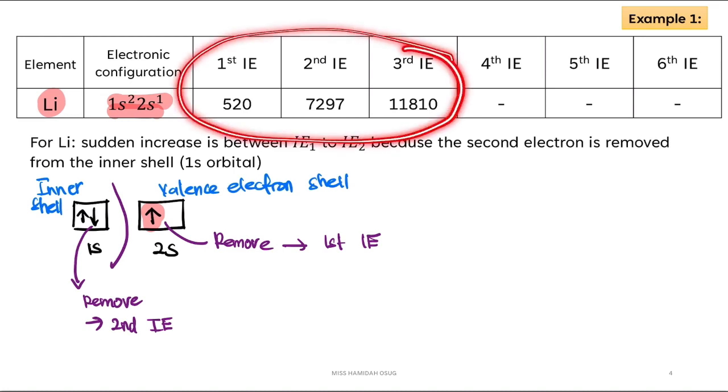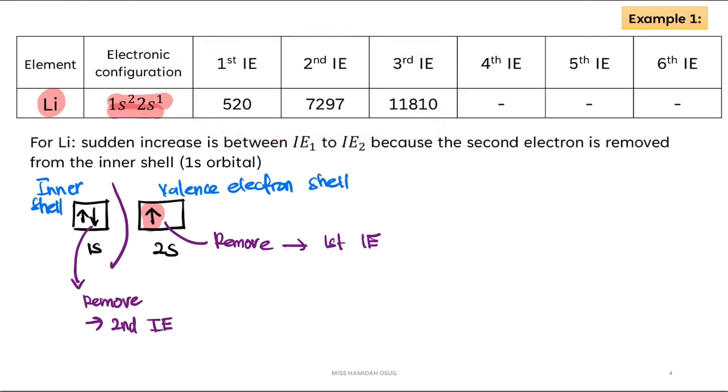When we look at the table, we can see that the first ionization energy is 520, while the second ionization energy is 7297. When we compare them, we can see that there is a drastic increase between the first and the second ionization energy. Why is that happening?